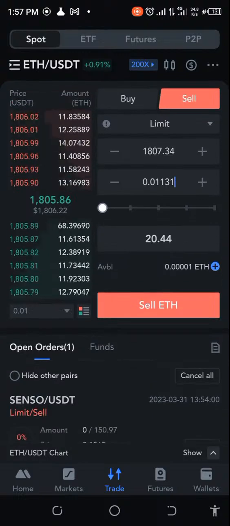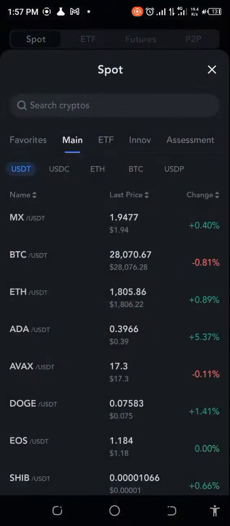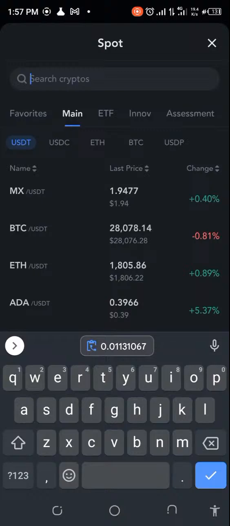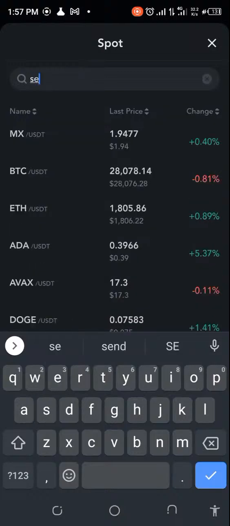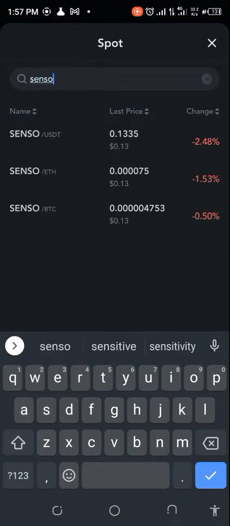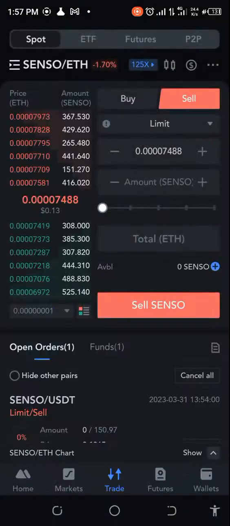I mean, right now, ETH is 1805. So let's go see whether that's possible. Let's just quickly do this. I'm just going to put the Senso and see whether I'm going to be able to quickly make back my money.